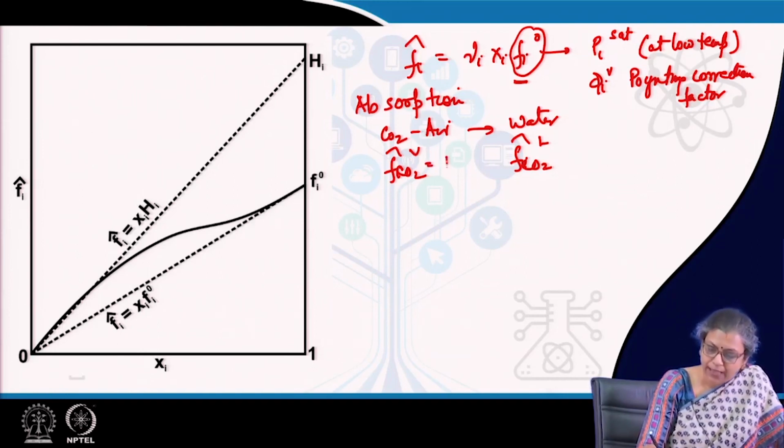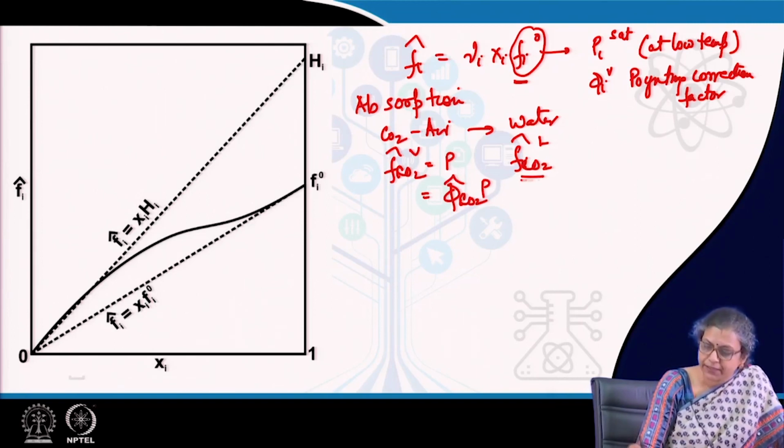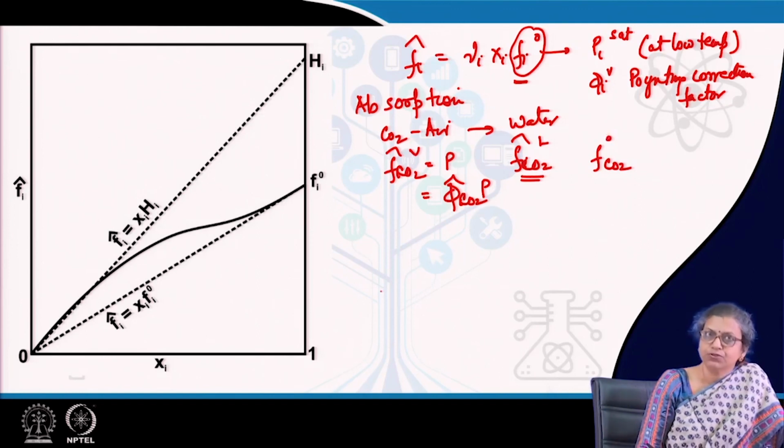We know that it will either be equal to pressure, or in other words it will be equal to phi CO2 into pressure depending upon the composition. It is not a problem. So, how to find out this? We cannot find out FCO2 in the pure state.